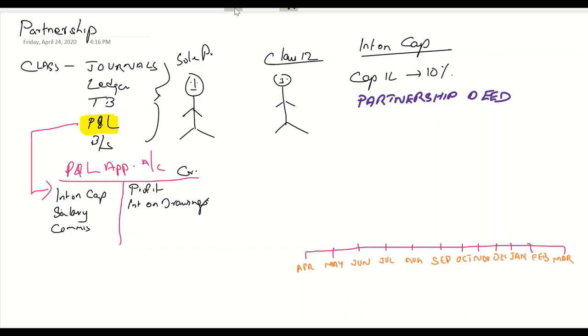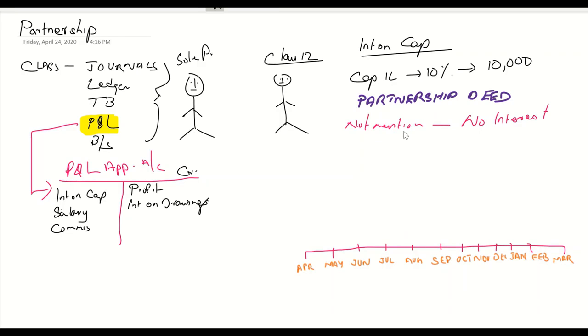If it is not mentioned in the partnership deed, it means no interest. If it is mentioned in the partnership deed that 10% interest can be provided on the partner's capital, then you can give interest on capital. So if 1 lakh is the capital and 10% is the interest rate, interest on capital will be 10,000, 1 lakh into 10%.